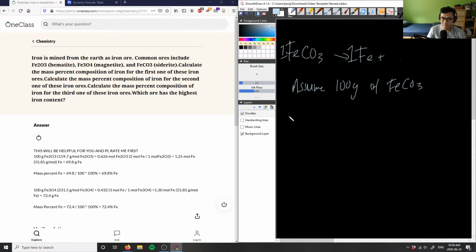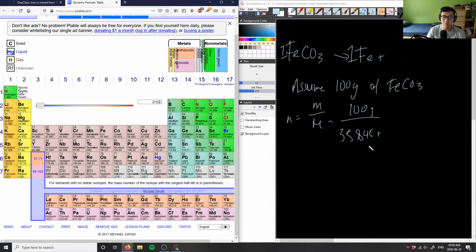So we have moles is going to be mass over molar mass. So we have 100 grams divided by our molar mass of this guy. So it's going to be 55.845 plus the molar mass of carbon, which is 12.011, plus 3 oxygen, so 3 times 15.999.